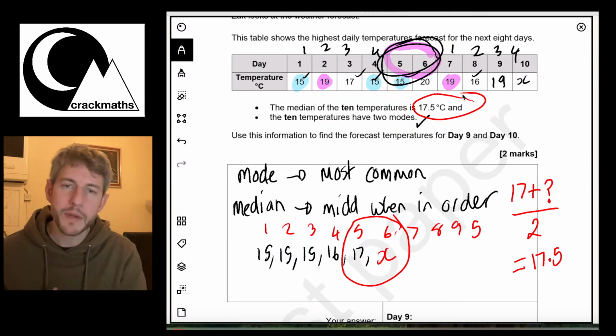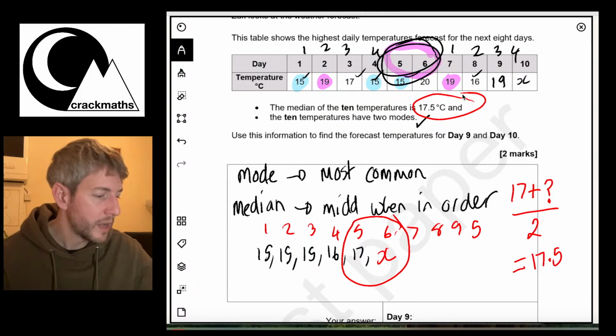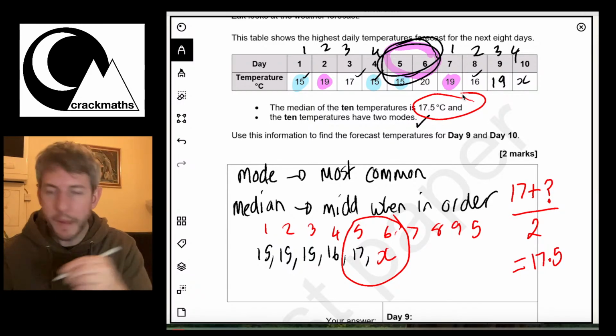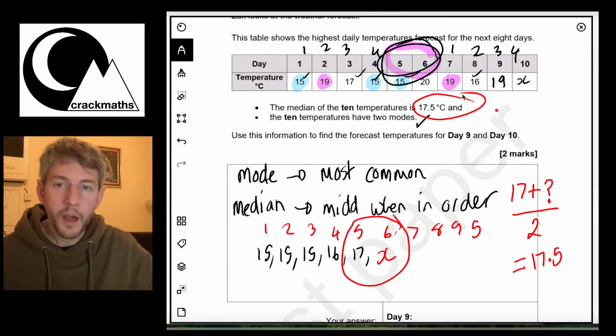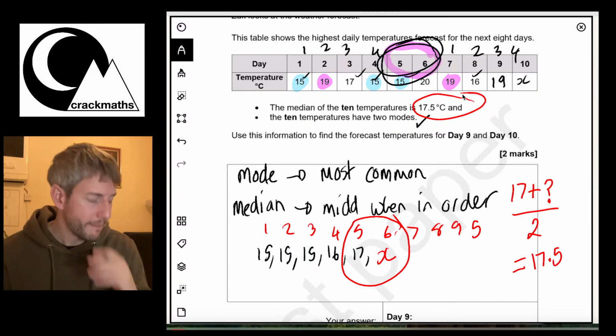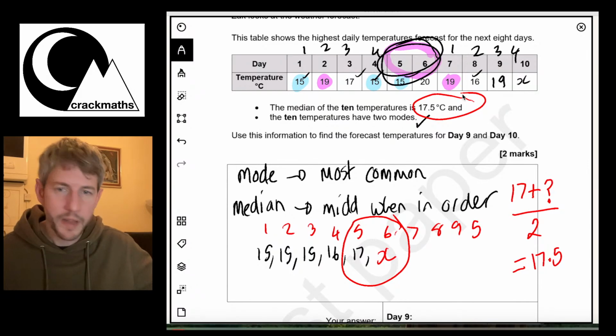Remember, when we don't know the middle number, the way that we do it is by adding the 2 middle numbers together and dividing it by 2. So 17 plus something divided by 2 has to equal 17.5. Now, remember, I talk about this a lot, it's our reverse calculation. If 2 numbers multiplied together to make something, then that number divided by one of the other 2 equals the other one.